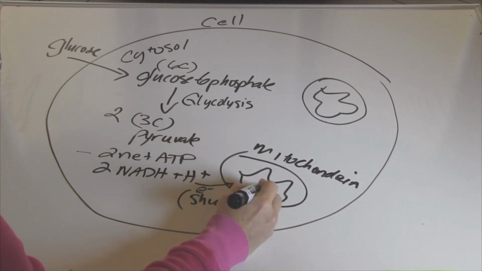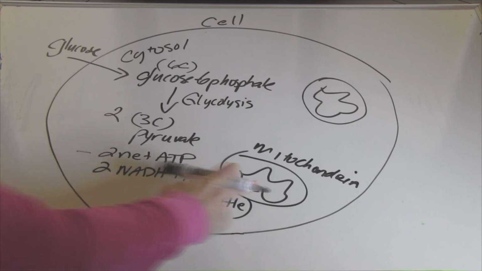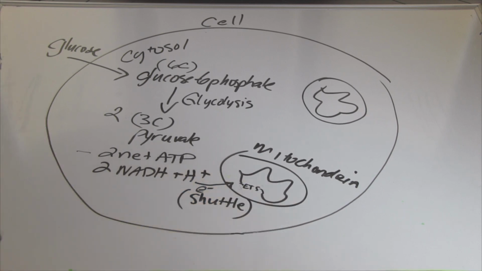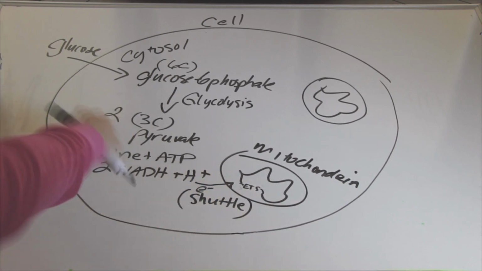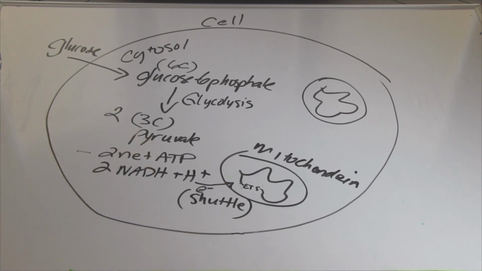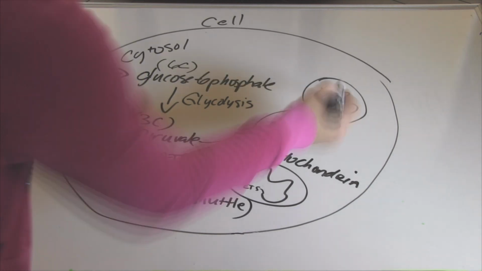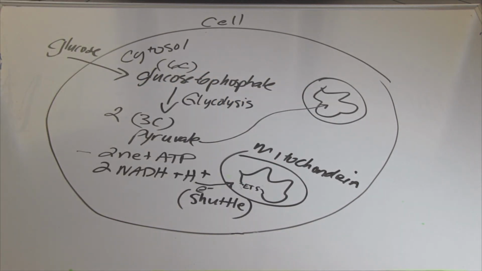Here is the ETS, the electron transport system. This molecule of pyruvate is going to travel inside of a mitochondria.